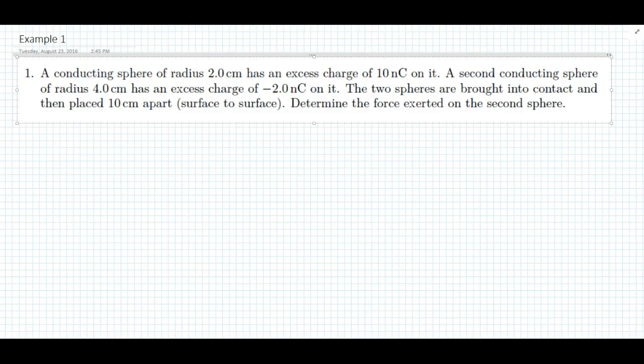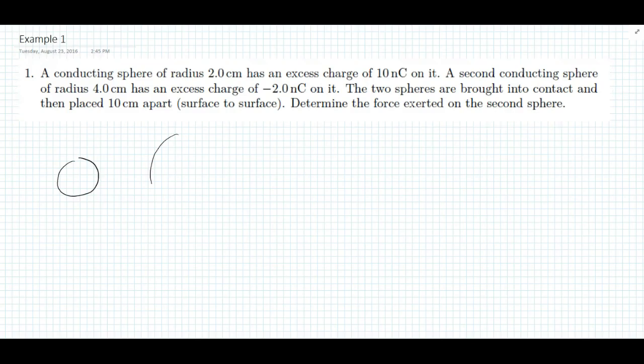So the problem describes two conducting spheres, but they are of unequal sizes. We've got the first conducting sphere has a radius of 2 centimeters, the second conducting sphere has a radius of 4 centimeters. I'm not going to use the numerical values for the calculation. Let's just call the two radii R1 and R2. Each sphere has some amount of charge on it.